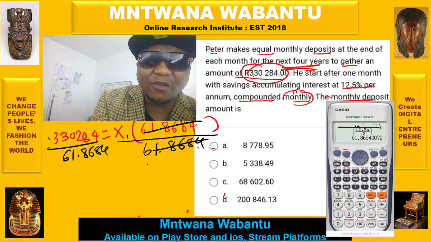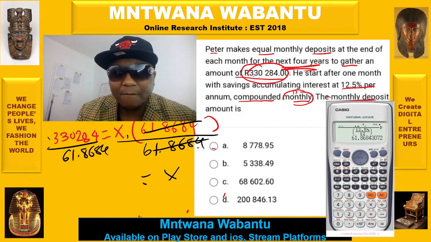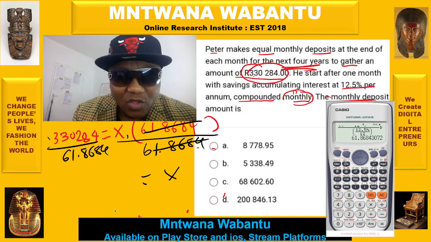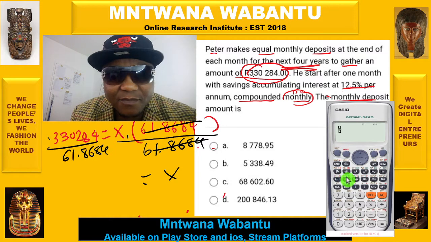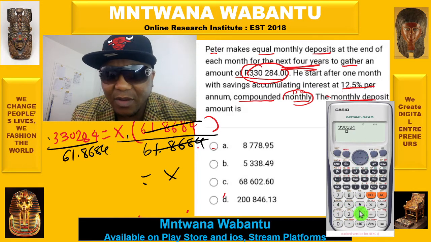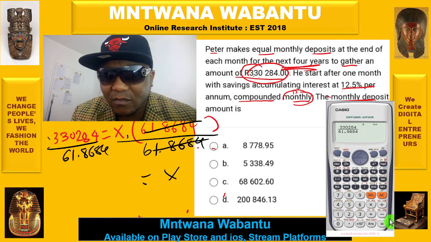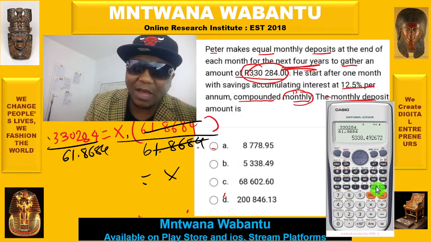This and this cancel, so the value of x equals, let's just finish up right here: 330,284 divided by 61.8684. So the answer is going to be 5338, which is going to be option number 2.